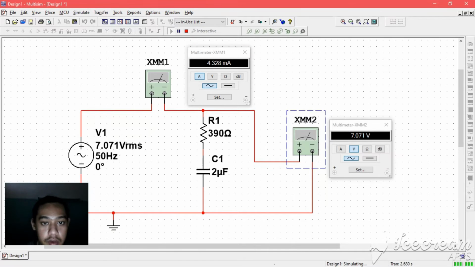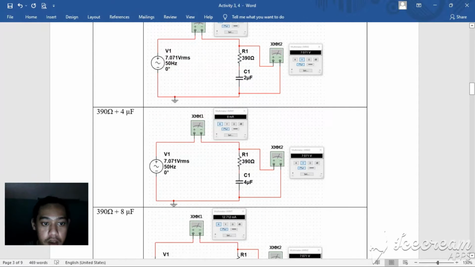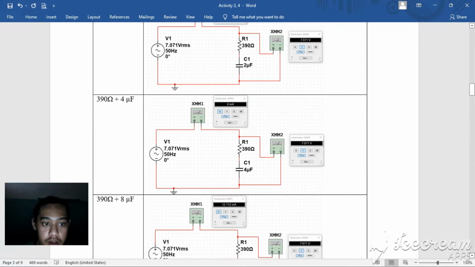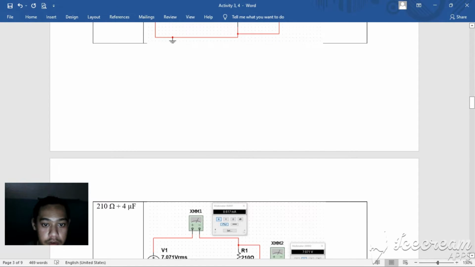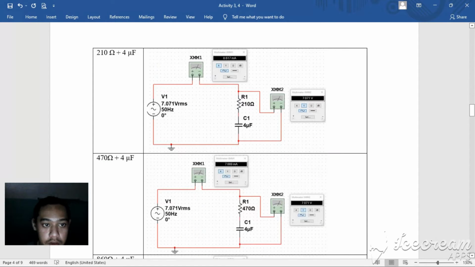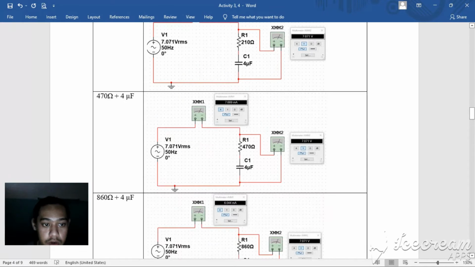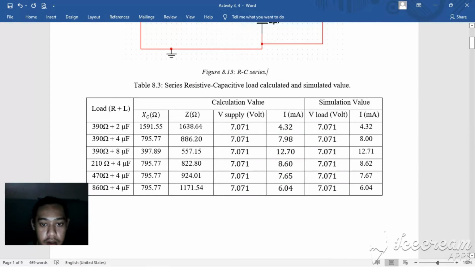So here we have the current through the circuit is 4.32 milliampere and the voltage is 7.071 volt. I have done the other simulations for 4 microfarad and 8 microfarad, also 210 ohm, 470 ohm and 860 ohm.